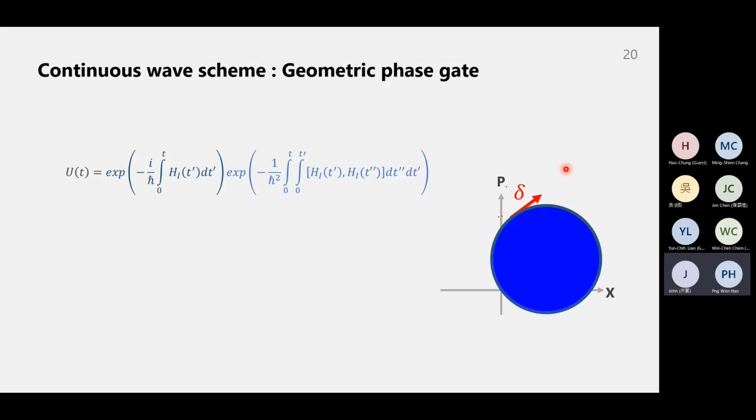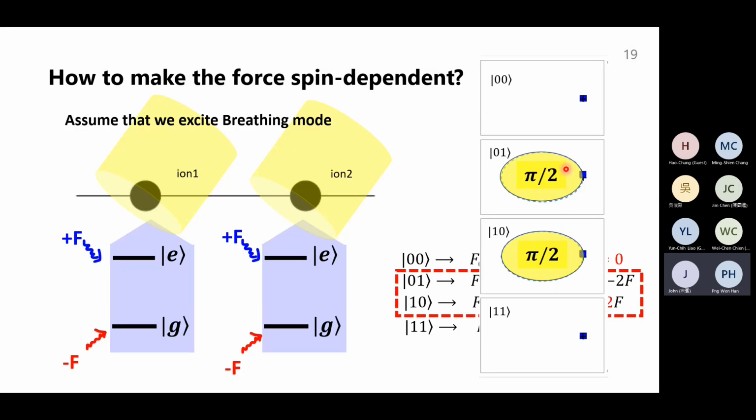If the force is 2F, then there is still motion, it didn't break the breathing mode, I mean it's still moving like this. I just wonder, so the force just contributes to the phase? Yep, yeah.